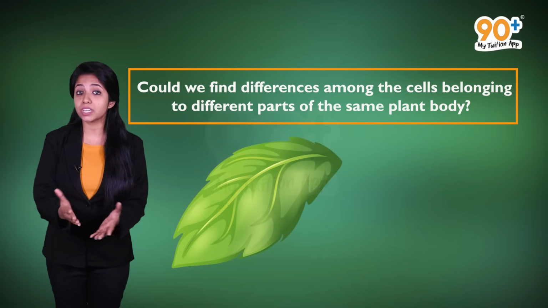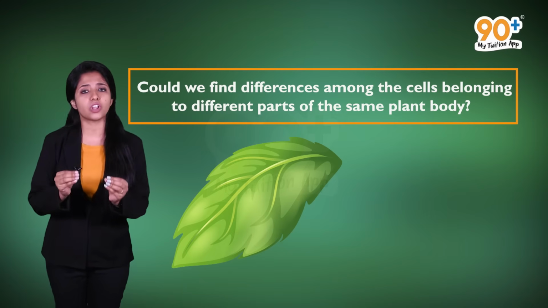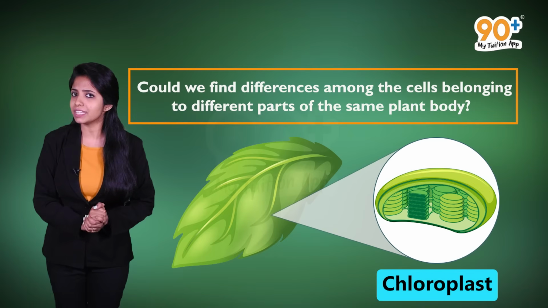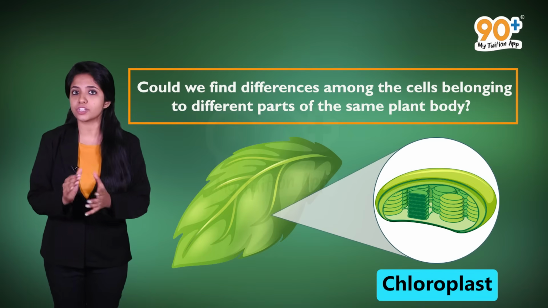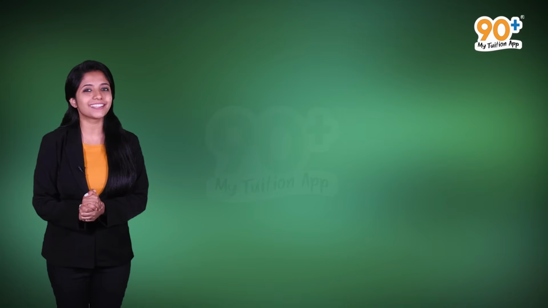They are associated with photosynthesis. So obviously, they will have cell organelles such as chloroplast, which are associated with this function, in a much larger amount than any other plant part. Well, this was just one single example. There are many such differences about which you will learn in your higher classes.